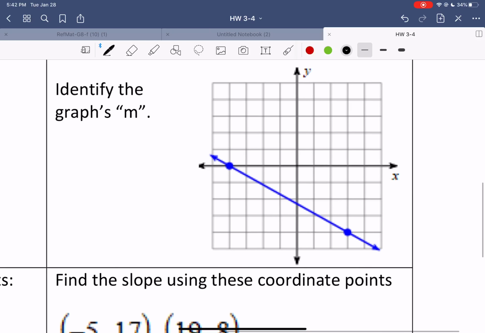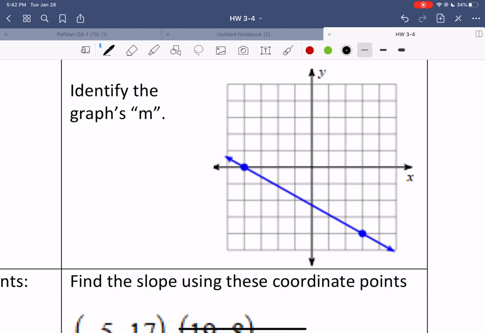All right, again, we have identify the graph's m. So m equals rise over run, equals slope, equals rate of change, equals unit rate. So they've given us our pretty points. So we're going to want to identify a rise, 2, 3, 4, and a run of 1, 2, 3, 4, 5, 6, 7.